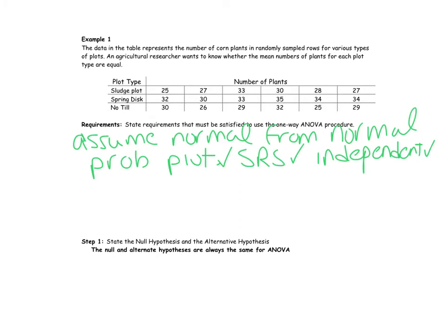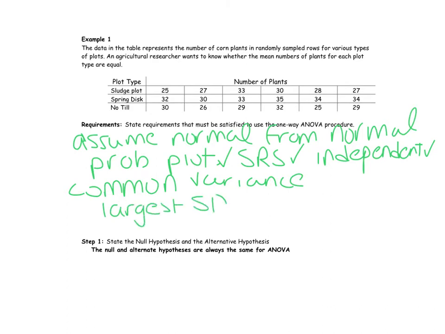Okay? All right, and then the last one's a little bit weird. We want to make sure we have a common variance. And we said that means that the largest standard deviation, I'll write it in words this time, not symbols, is less than twice the smallest standard deviation.